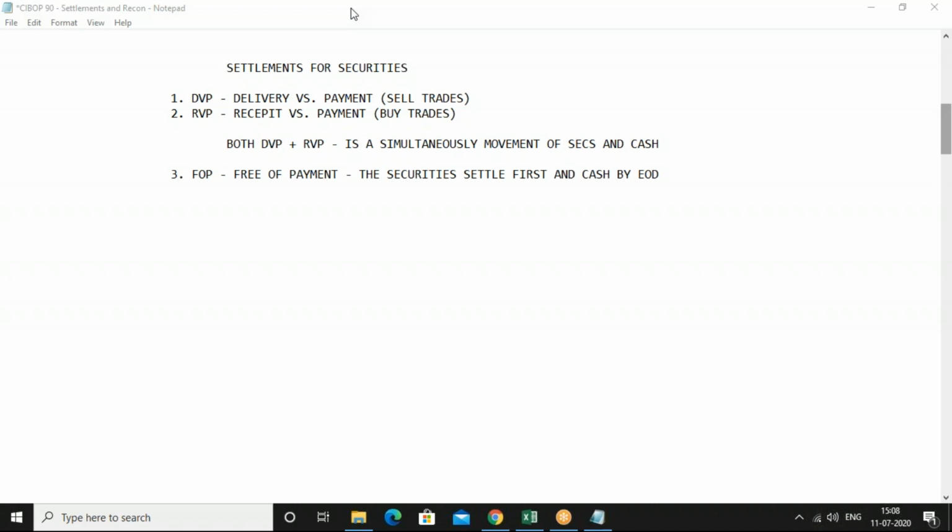So if it is DVP, and let's say it's 10,000 shares, I have to have 10,000 shares in the account and be ready to deliver that to you. Once I have 10,000 shares and you have your money in place, only then will the custodian move the shares and cash. Is this clear with everyone with DVP and RVP?